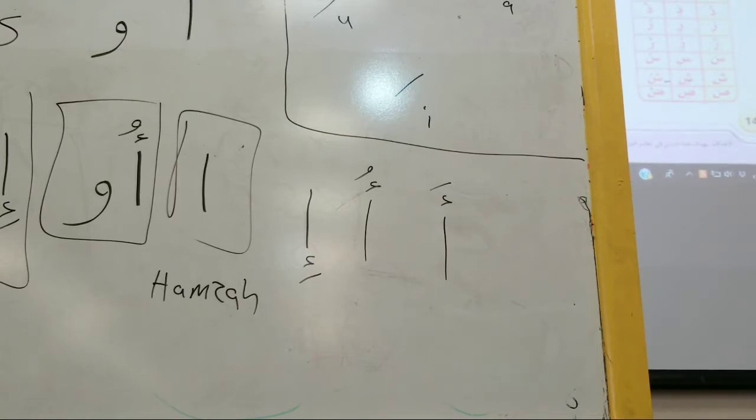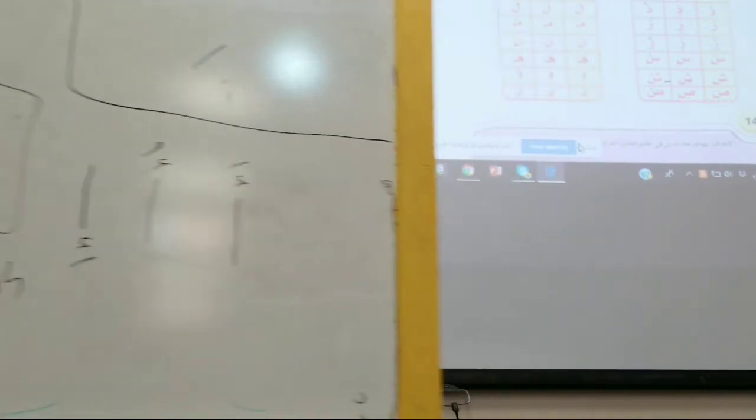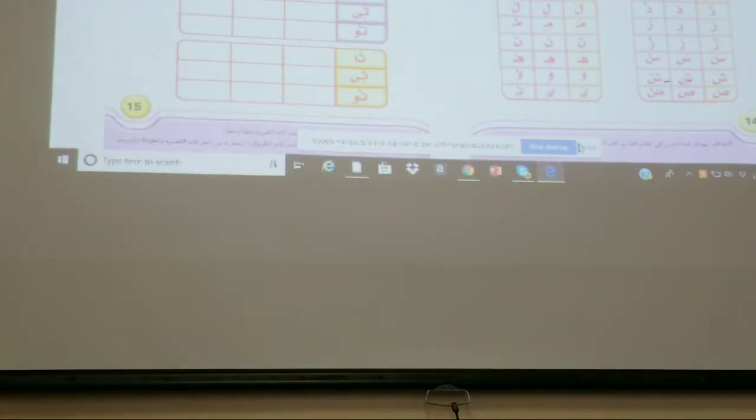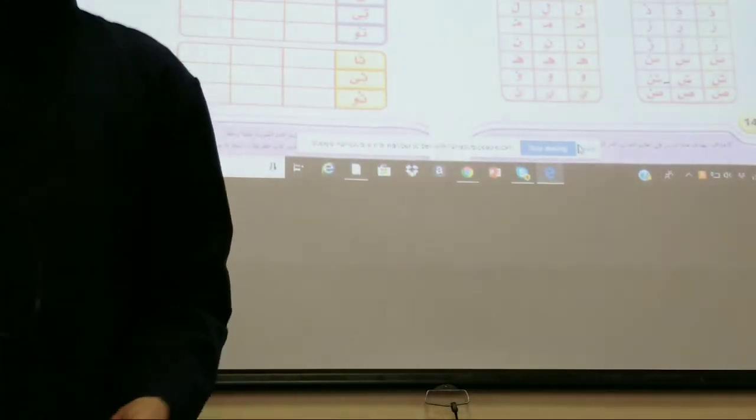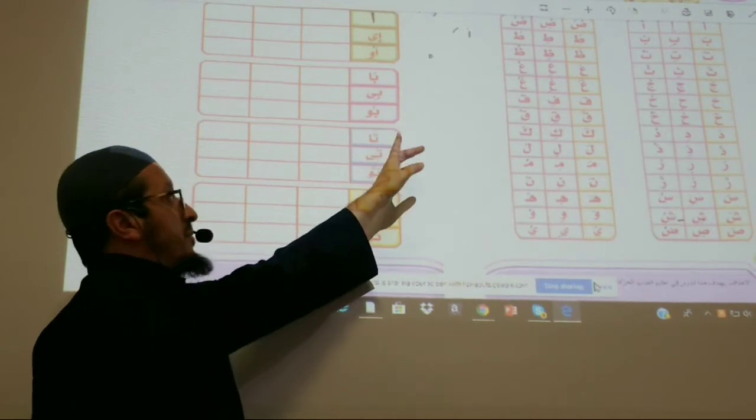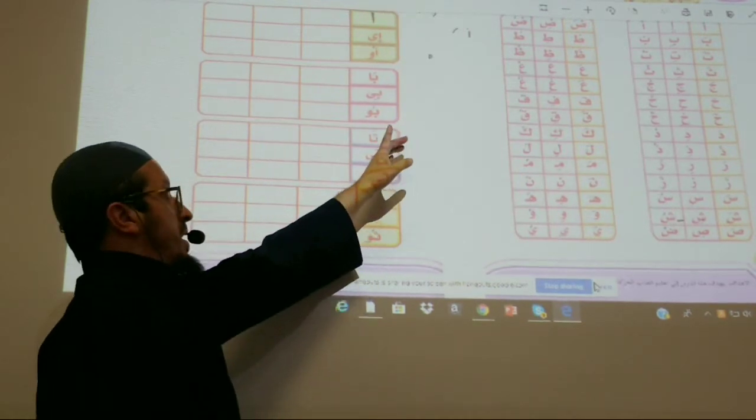Alif, waw, ya. Okay? So now we're gonna do this exercise, but there's a benefit to this. The benefit is that you become familiar with the letter in the beginning and how it connects to the second letter.